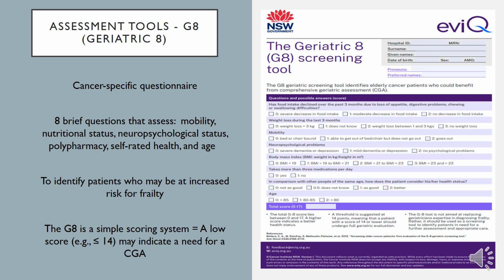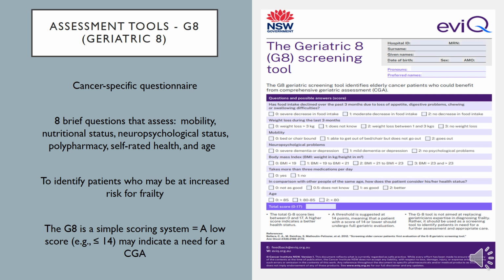Assesses various aspects of the patient's well-being to identify patients who may be at an increased risk of frailty or other geriatric related issues that could impact their cancer treatment and outcomes. We look at mobility, food intake, weight loss, neuropsychological status, polypharmacy, self-rated health and age. Simple scoring system, quick assessment to identify any overall risk.